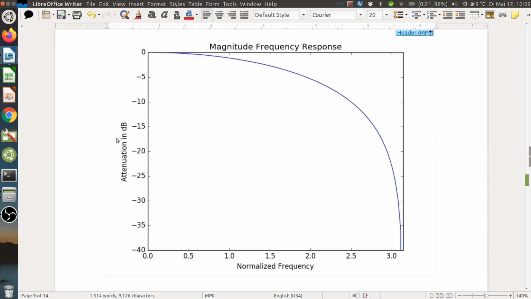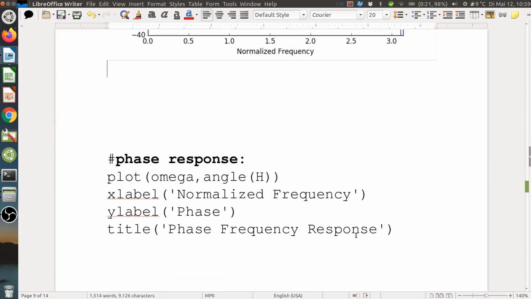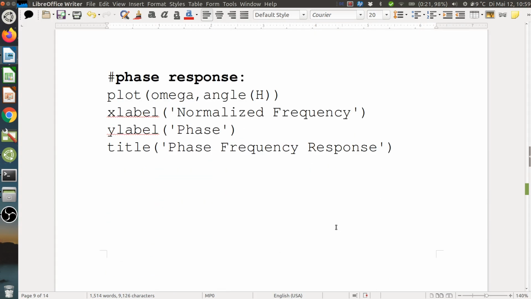Here's again the same plot. And you can now also analyze the phase, right? For the phase, we have the function angle of h. Remember, the phase was the angle between the real axis and our point on the unit circle. This is now the phase that we get for the magnitude response here. So we apply this phase angle to the output of our filter.